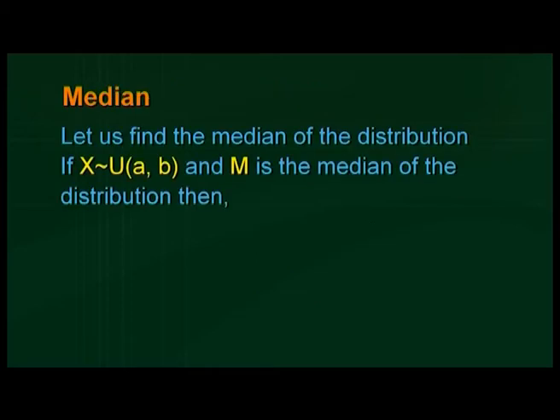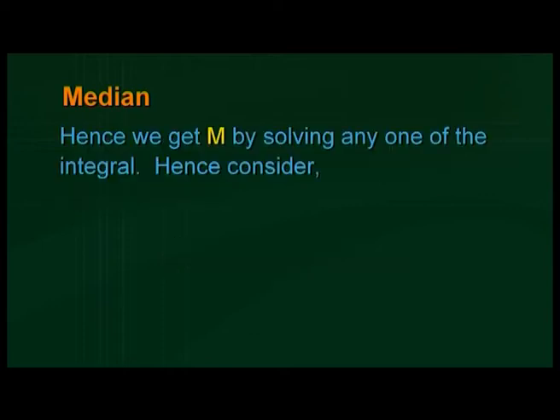Median. Let us find the median of the distribution. If x follows uniform (a, b) and m is the median of the distribution, then the integral from a to m of f(x) dx is equal to half, which is equal to the integral from m to b of f(x) dx. Hence, we can get m by solving any one of the integrals. Consider the integral from a to m of f(x) dx equal to half.